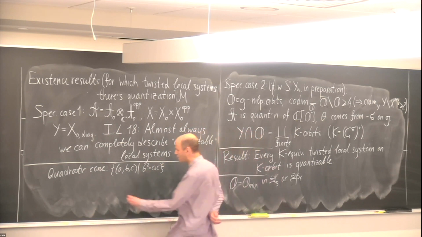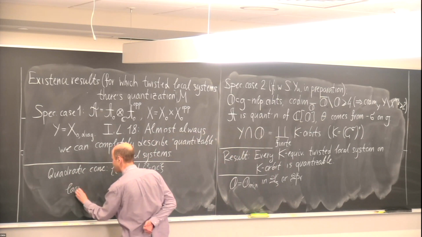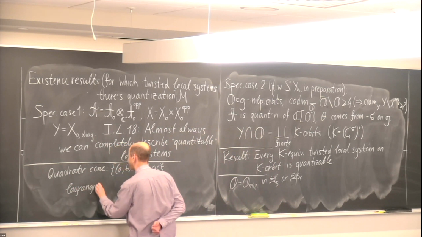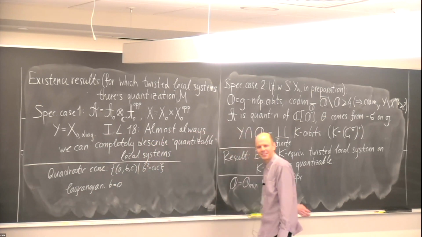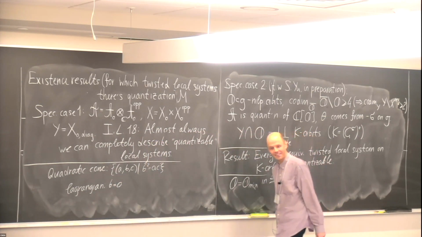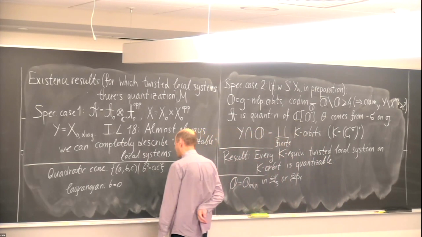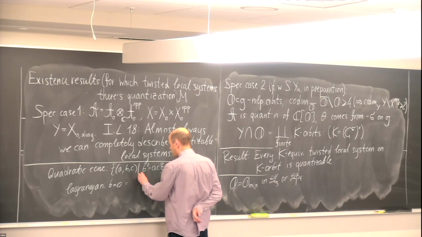And then you have your favorite Lagrangian. The favorite Lagrangian is b equals 0. If it's not your favorite Lagrangian, I urge you to reconsider. And this Lagrangian is just a union of two lines. Looks like this.